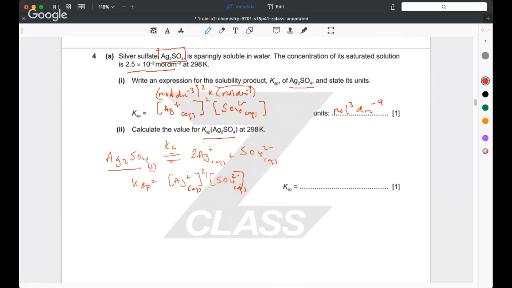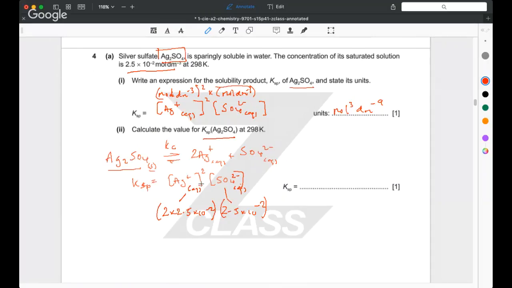So that would mean there is 2.5 times 10 to the -2 moles per decimeter cubed of the sulfate. But for the silver ion concentration, because you've got 2 moles of silver ion for every mole of sulfate ion, there's 2 times 2.5 times 10 to the -2, because there's twice as much silver ion in solution. So those are your concentrations, and the solubility product is that concentration times that concentration.